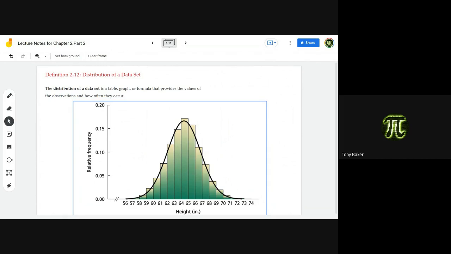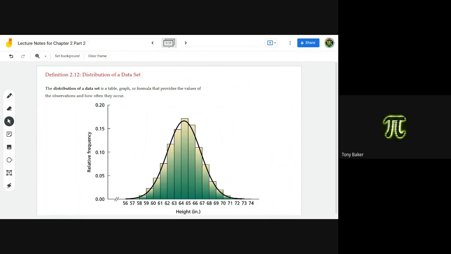It is the most used shape in math. Pretty much all data, when you get past 30 to 50 data points, will start to form some kind of a normal distribution.